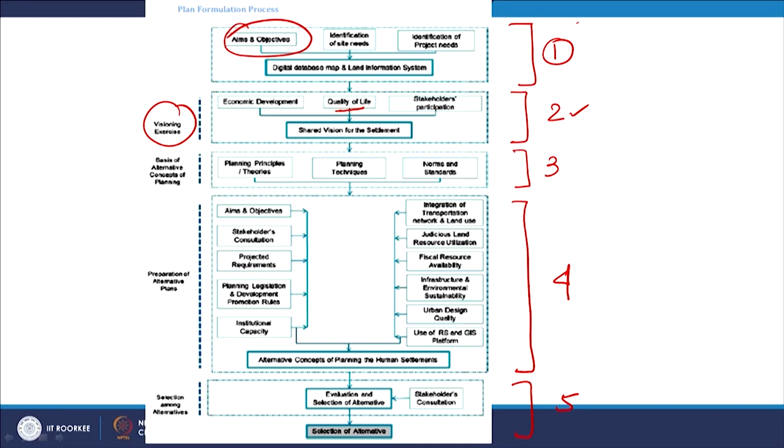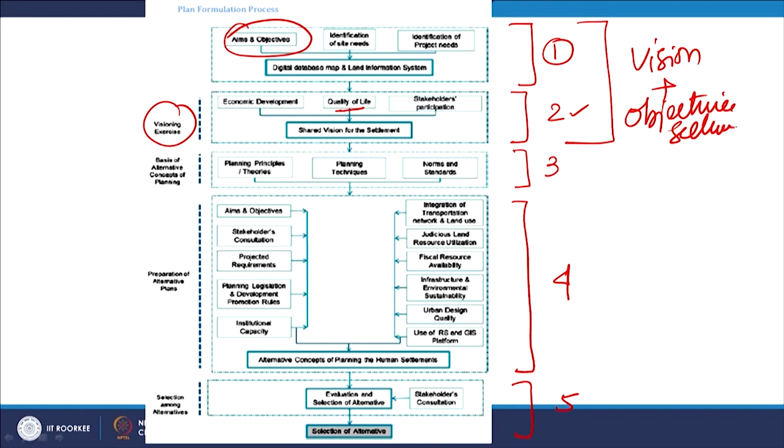So, stage 1 and 2 is basically vision plus objective setting, whereas stage 3 gives the norms, standards, planning principles and techniques.